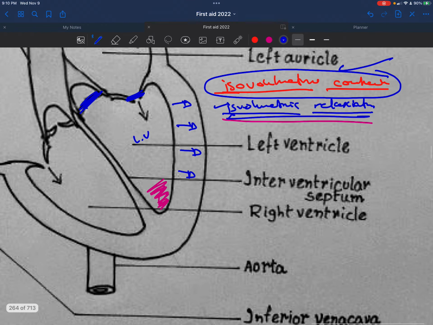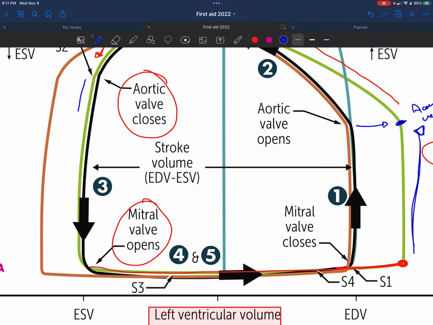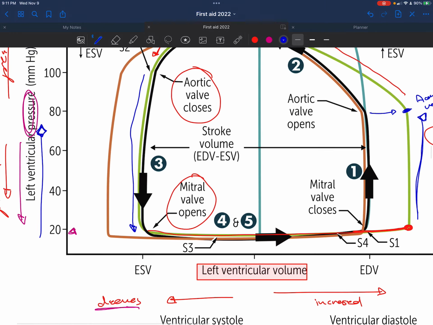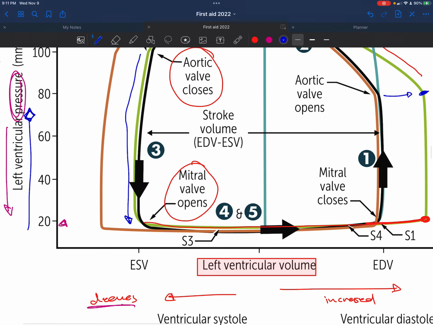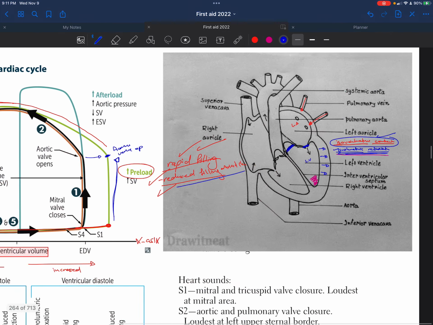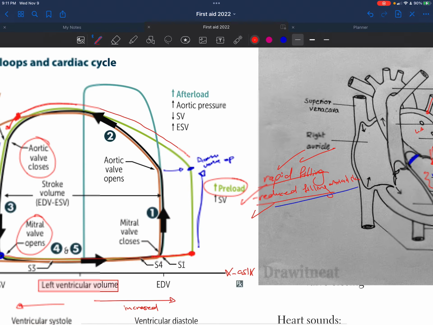So this is the isovolumetric relaxation, and following the green line, it goes this way. There is a reduction in pressure, but no change in the volume. This is the point where the mitral valve opens again, and the whole process starts all over again. All of the blood moves back into the left ventricle.